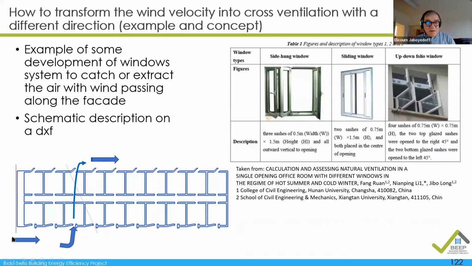So the principle is that we try here the schematic description of the example we're going to use, where by adding something which could be either a window open or a shutter or maybe a fin, but not needed, then you can, with some velocity, transform the velocity into a pressure which generates a cross ventilation which is perpendicular to the wind direction. And then by this you can get a good cross ventilation, still having a good distribution of wind.